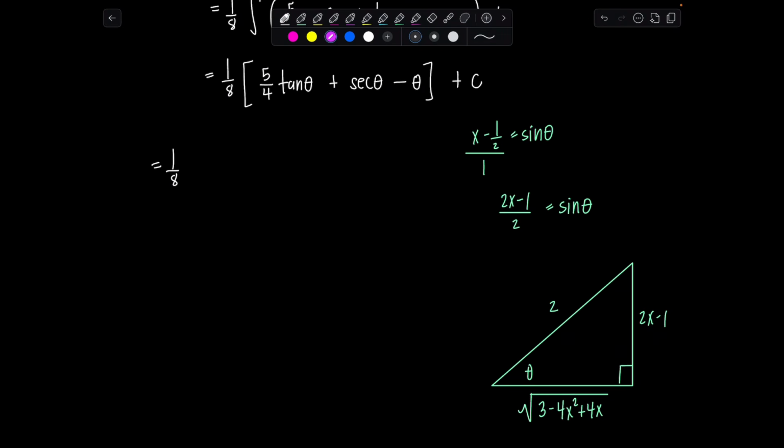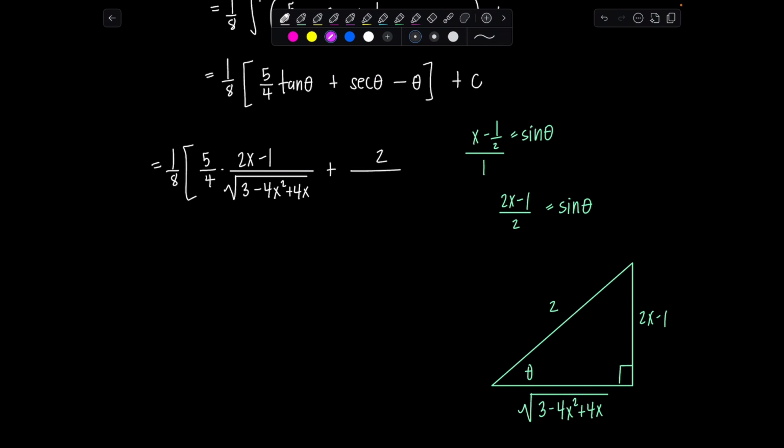So we have 1/8 times 5 over 4. Tangent theta is going to be ratio of opposite over adjacent. So we're going to have 2x minus 1 over the square root of 3 minus 4x squared plus 4x plus secant theta, that's ratio of hypotenuse over adjacent.